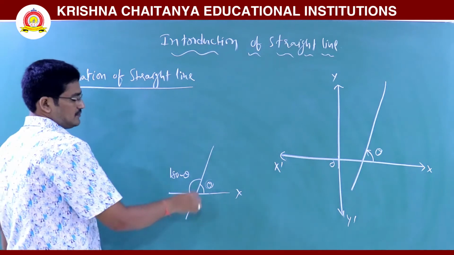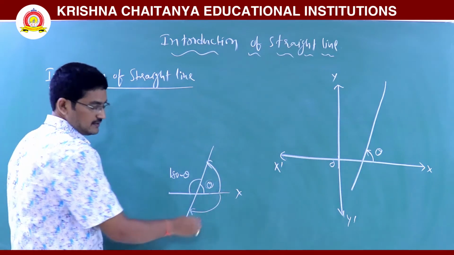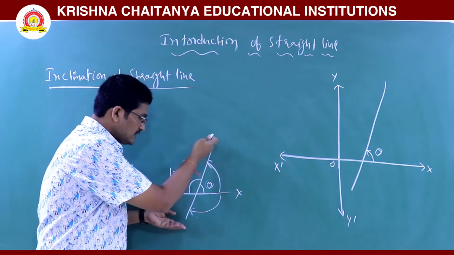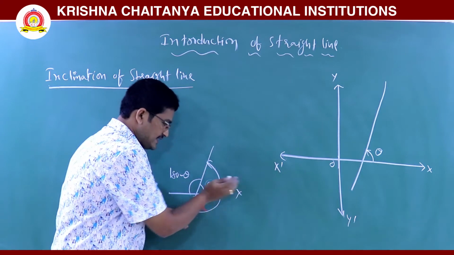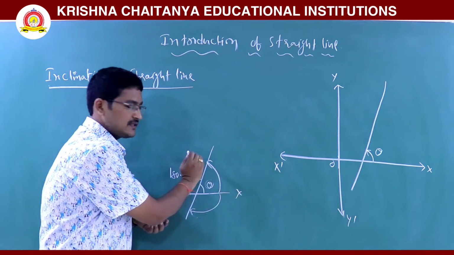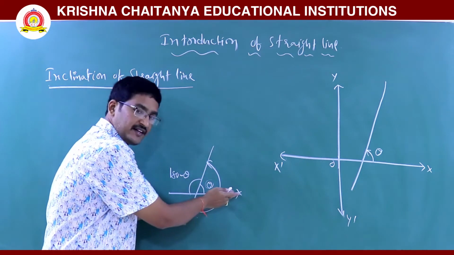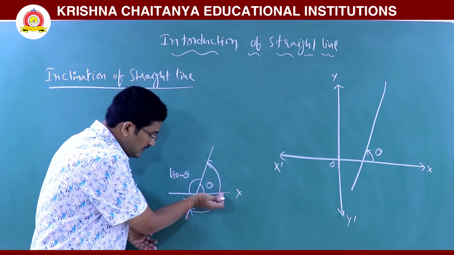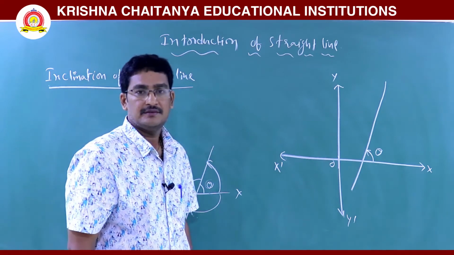That means this is anti-clockwise direction, this is clockwise direction. So, we have to say the angle made by this line with the positive direction of x-axis measured in anti-clockwise direction.